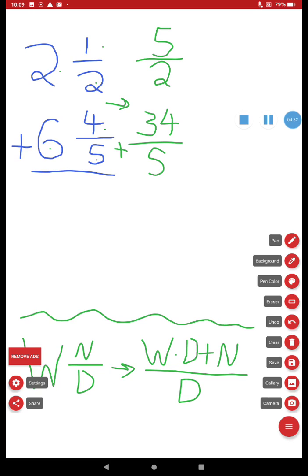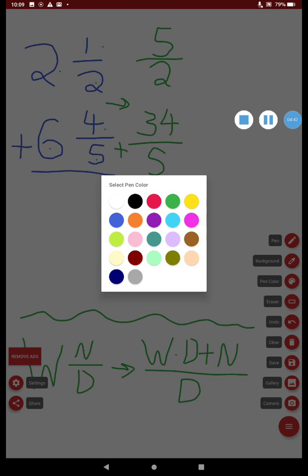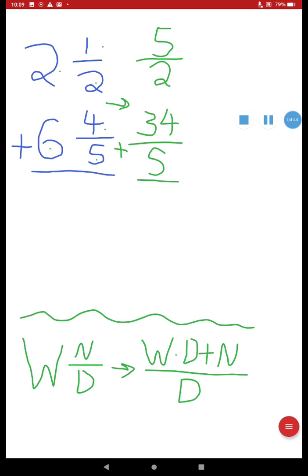And remember, I actually can't operate on this yet because I don't have a common denominator. So let's get our common denominator. 2 and 5. Can I change a 2 into a 5? No. Can I change a 2 into a 10? Yes. Let's do that.